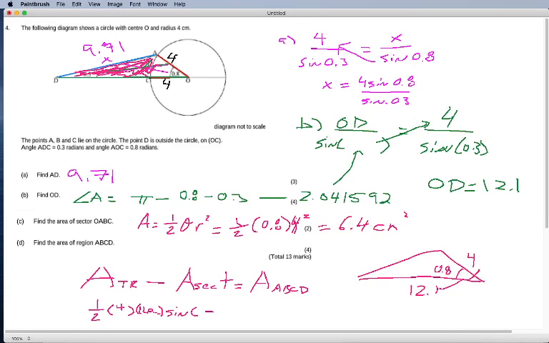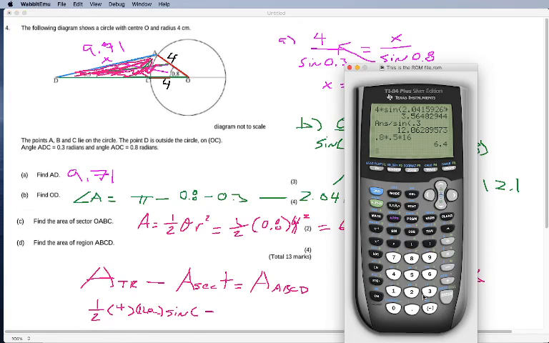So if I go to my calculator, I have 0.5 times 4 times this number up here times sine of the angle 0.8. And I'm going to subtract, in this case, my area which I found up here, which was 6.4. And I get a value of 10.9 to 3 significant figures.